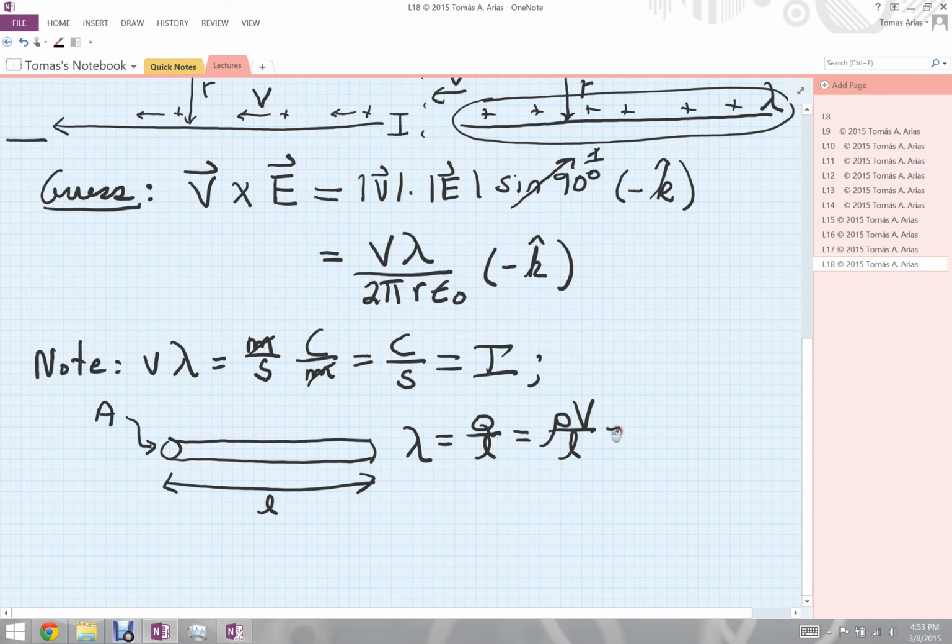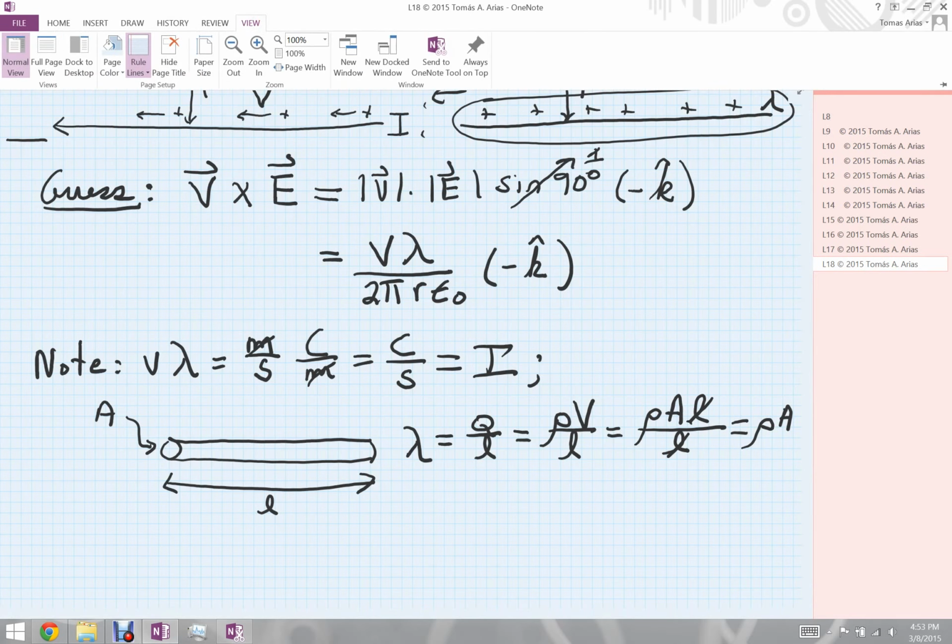The volume of my wire is nothing other than the area of the wire times its length, and so I'm dividing by length. So what I learn is that the charge per unit length of this wire is just the charge per unit volume rho times the area A.